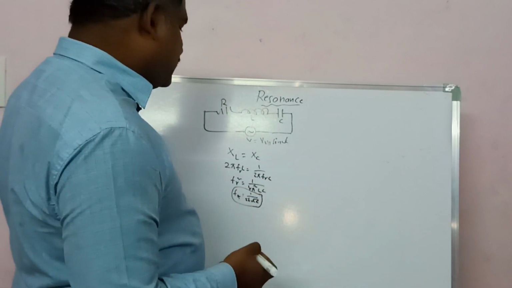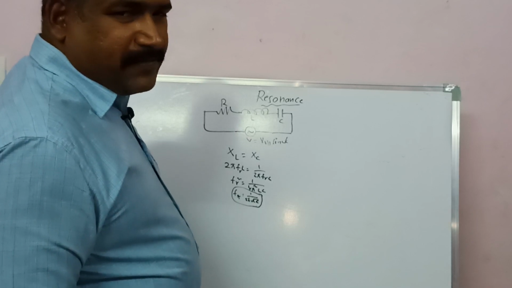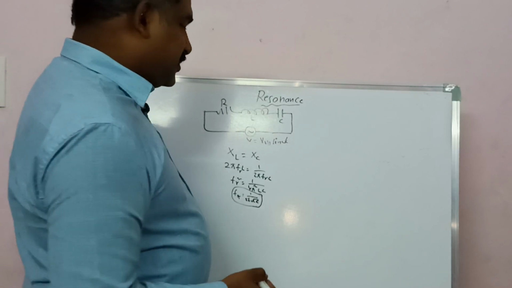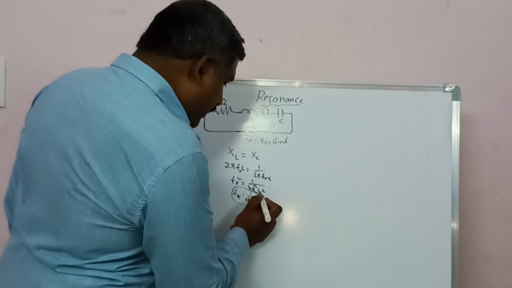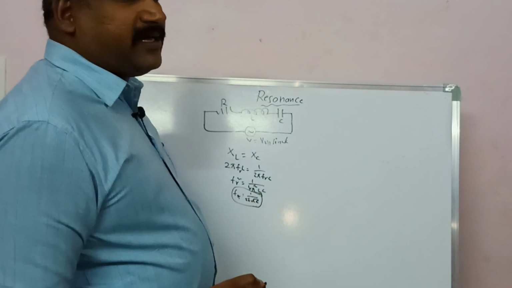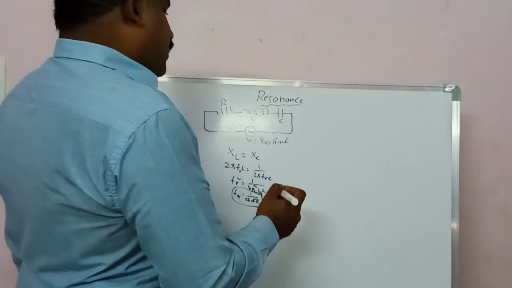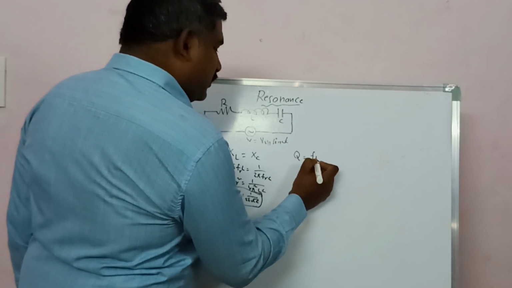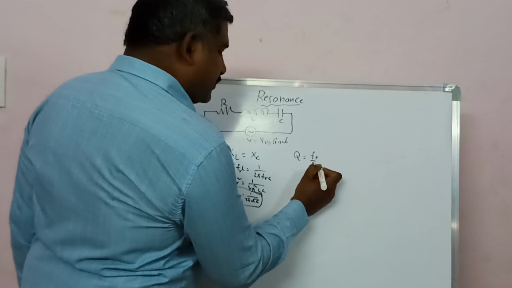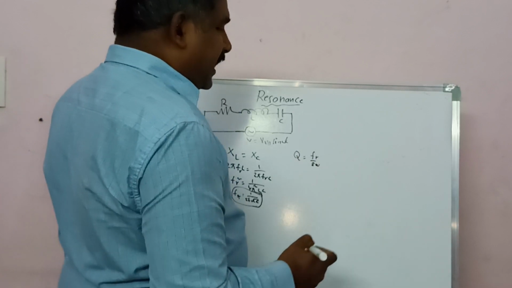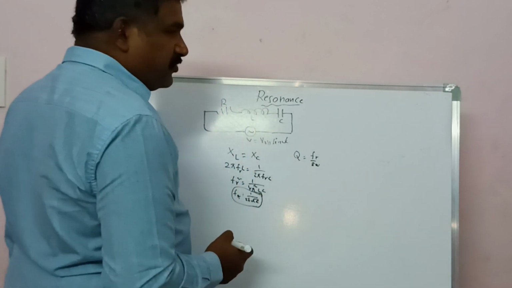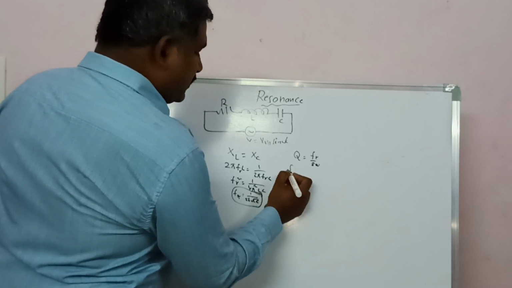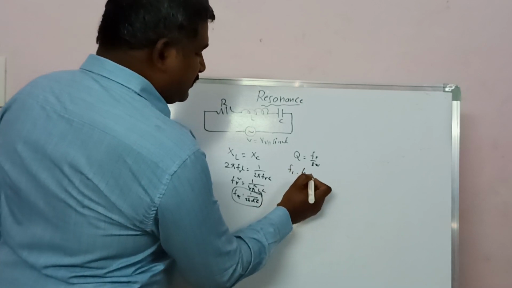Even if I vary the value of resistance, only the sharpness will be varied and everything else will remain constant. The quality factor is equal to FR by bandwidth, and bandwidth is the difference of two frequencies, F1 and F2.